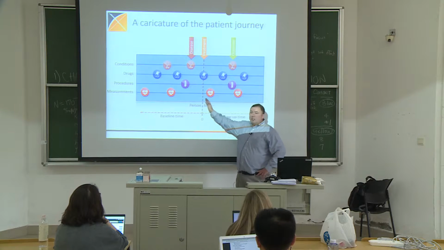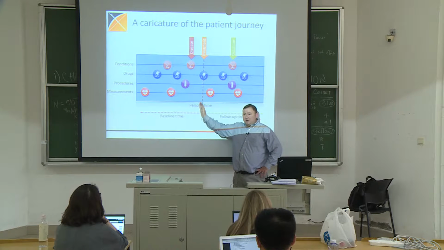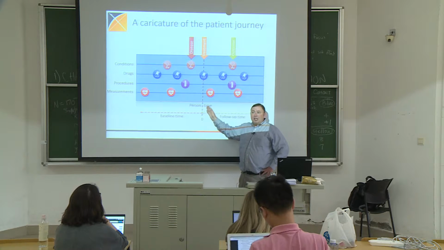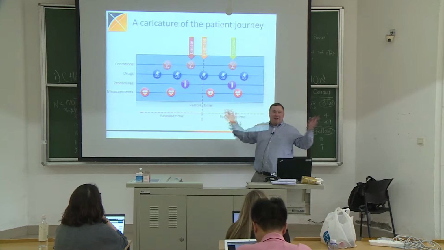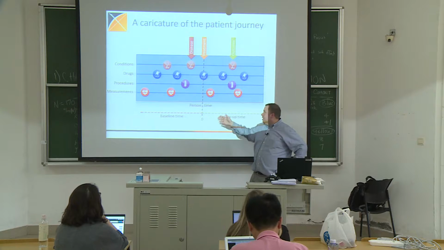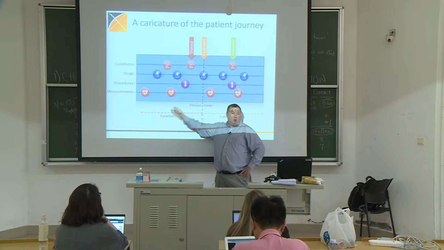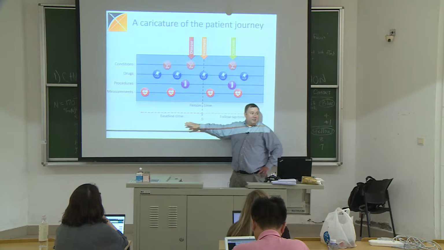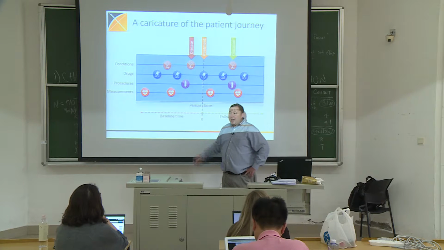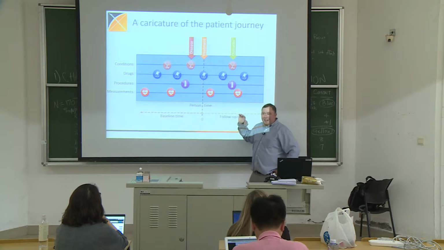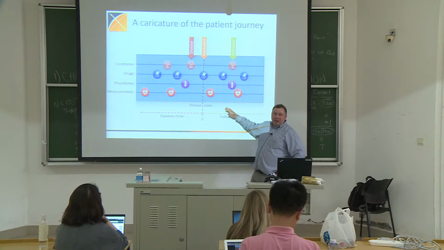That entry event can be thought of as time zero. And by having a cohort entry at some time zero index event, it means you can split the time in someone's life between everything that happened before the index date, that's your baseline time, and everything that happens after that index date, that's your follow-up time.